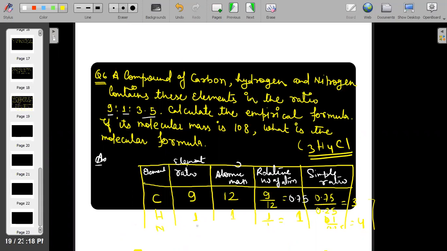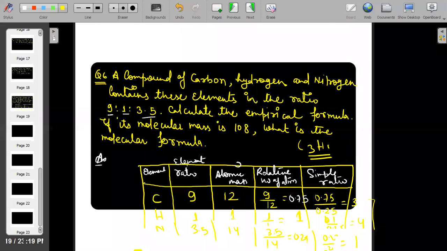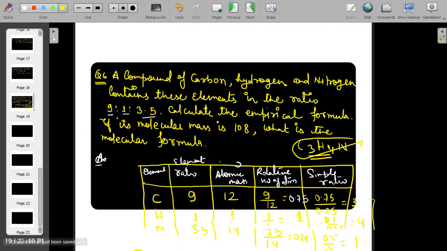Nitrogen has what percentage given? 3.5. What is the atomic mass? 14. So 3.5 divided by 14 is equal to 0.25. So 0.25 divided by 0.25 is 1. So the formula will be C3H4N. Now you all got it. C3H4N is the formula. Did you get it? This was just a calculation mistake.